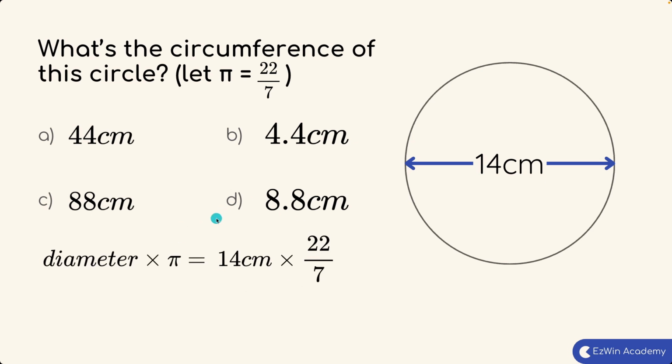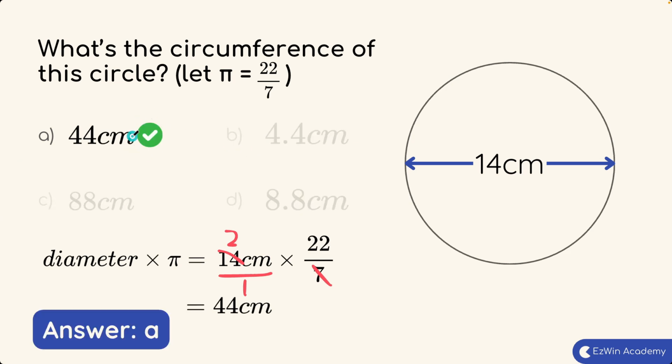And we will swap out the values with diameter 14 centimeters times 22 over 7. We can put it as a fraction, and then we have 14 and 7. We can simplify this, so we can cancel out 7, and we have 14 divided by 7. This will be 2. And since 2 times 22 is 44, if your answer is 44 centimeters, then you are right. So if you answered A, then congratulations, you have an additional mark.